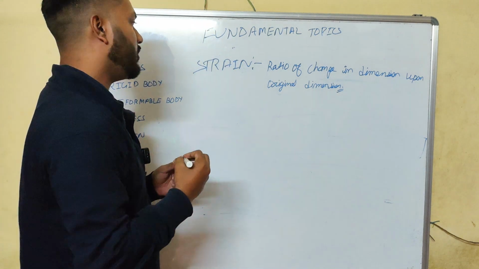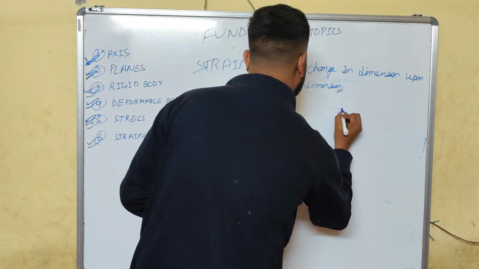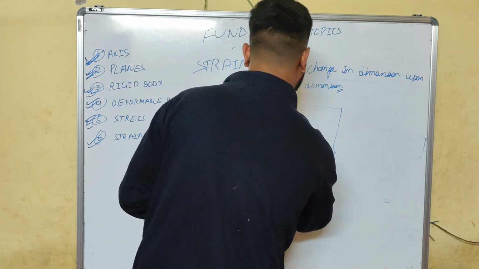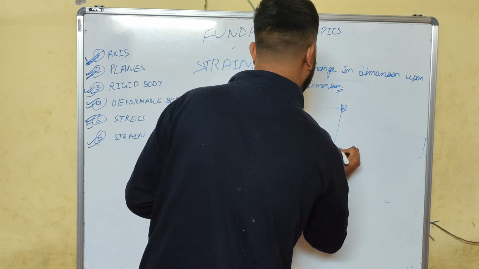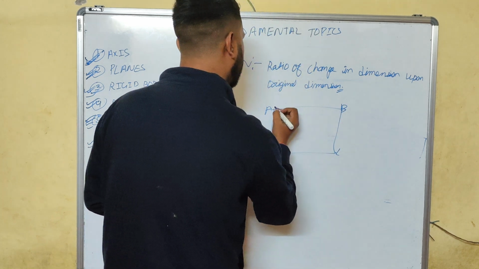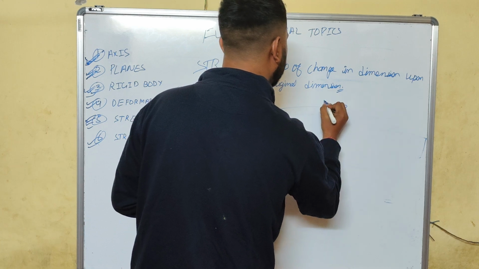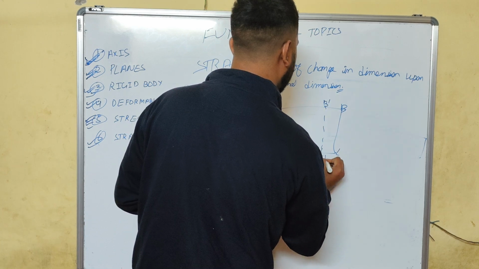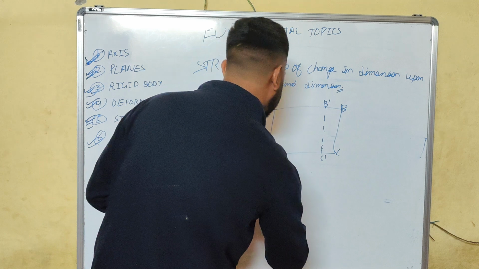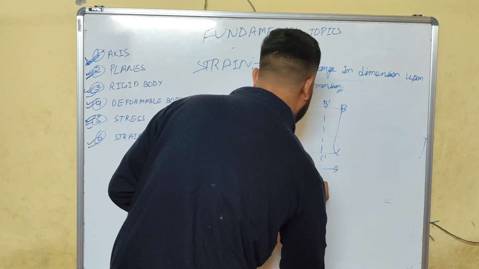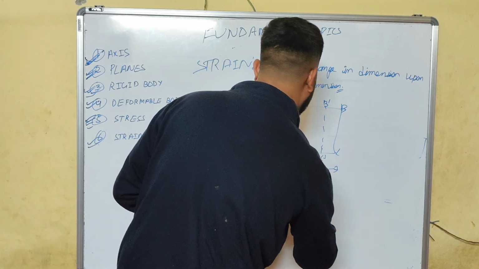Now let's take an example of a body. Suppose we have a body ABCD. Now the dimension of this body has been changed to A, B, B dash and C dash. Initially the length was L, finally the length was L dash.